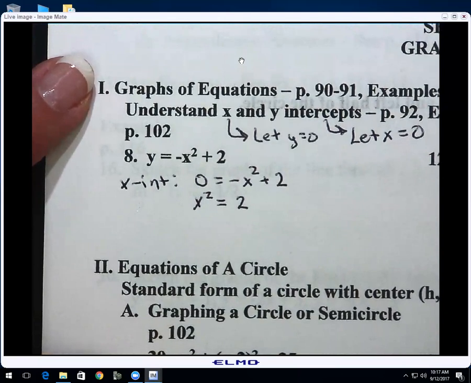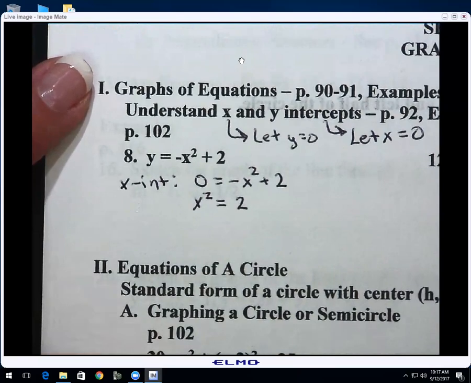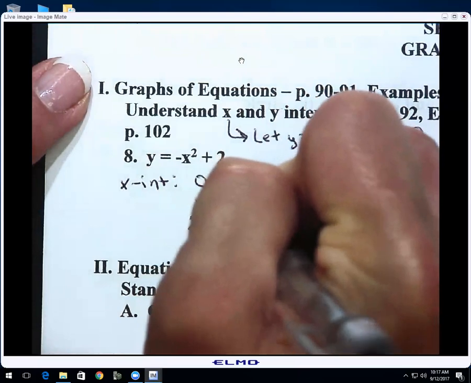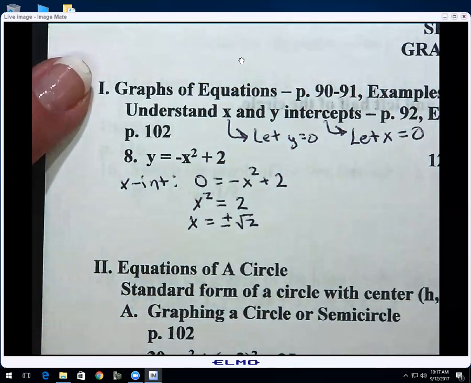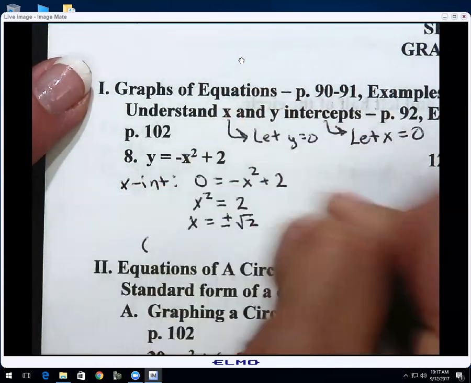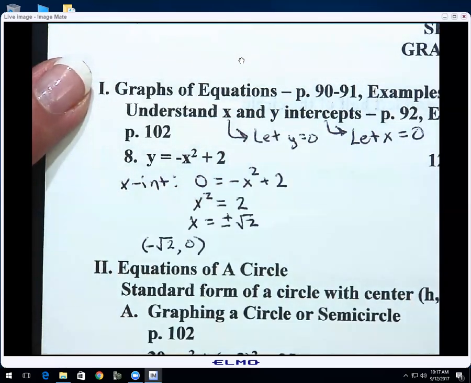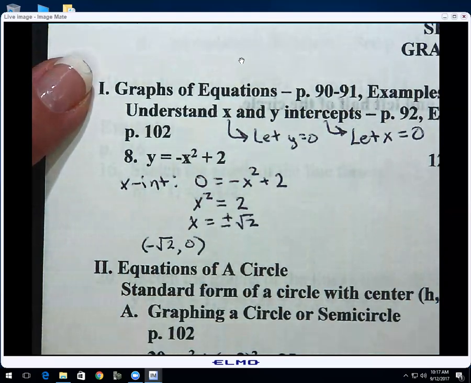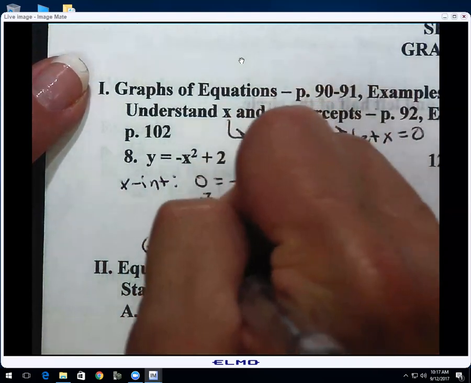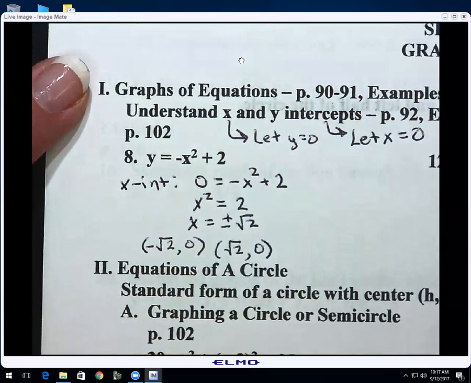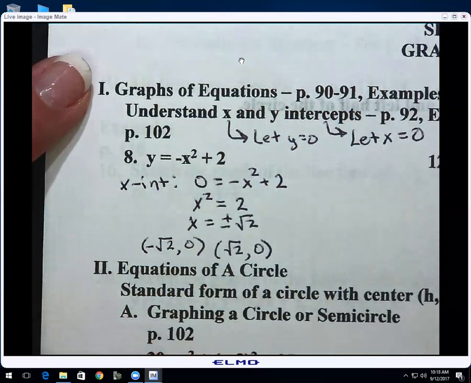Plus or minus square root of 2. When you took the square root of both sides, you didn't forget the plus or minus. So my two x-intercepts are x is negative square root of 2, 0, and x is positive square root of 2, 0. We're sitting right on the x-axis, so y is 0.